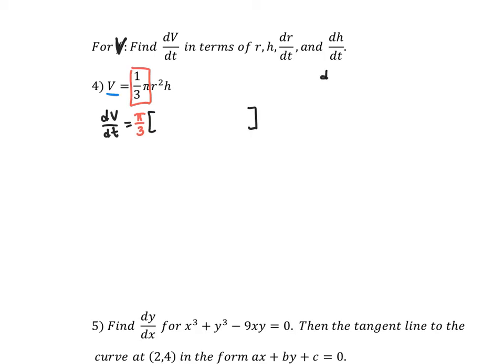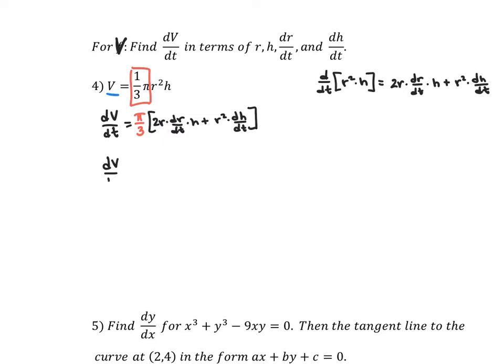So the derivative with respect to t of r squared times h is going to be 2r times dr dt, right, using the chain rule, times the second function left alone, which is h, plus the first function left alone times the derivative of the second function, which is dh dt. So that'll be 2r times dr dt times h plus r squared times dh dt. And there we have dv dt.